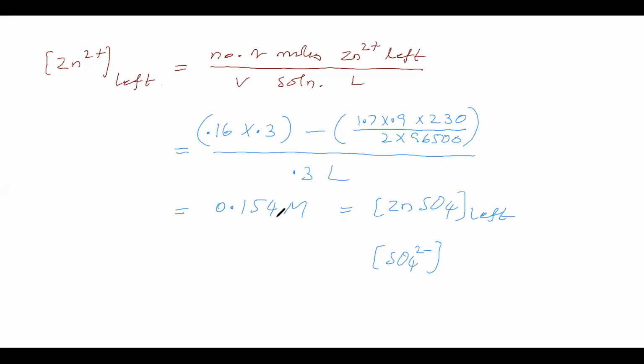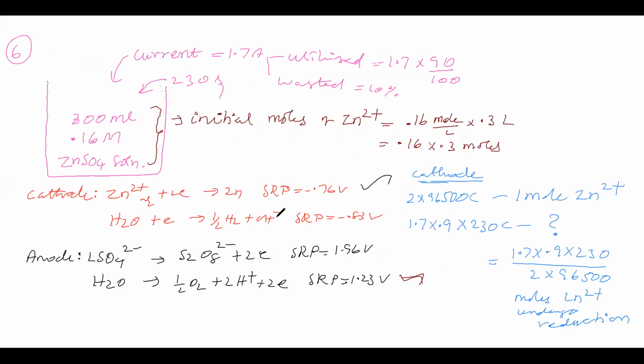Now you see that you are taking a zinc sulfate solution for electrolysis. In the electrolysis, at the cathode, zinc ion undergoes cathodic reduction. At the anode, water molecules undergo anodic oxidation.